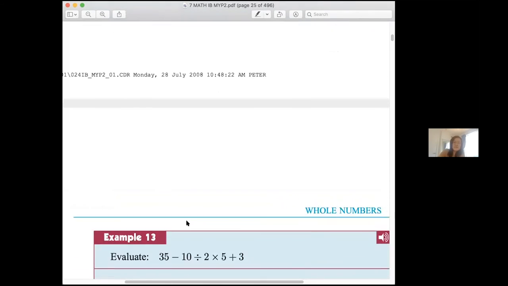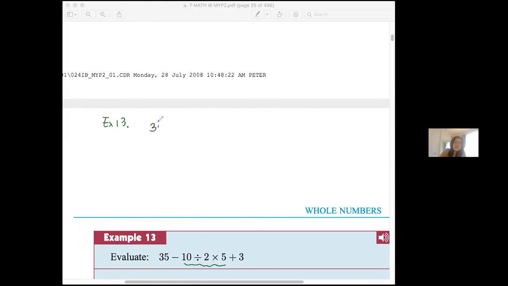So I'm going to go through example 13 with you. I'll write it here. Bracket, B, no. Exponent, E, no. Division and multiplication, yes, there's division and multiplication, so I'm going to work on this part first.